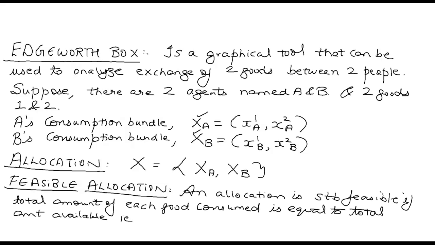That is, the total amount of good one consumed by agent A and B is equal to the total amount of good one available in the economy.